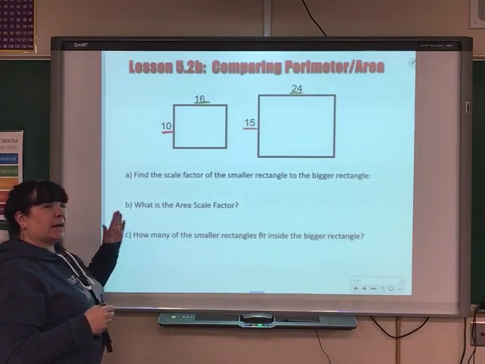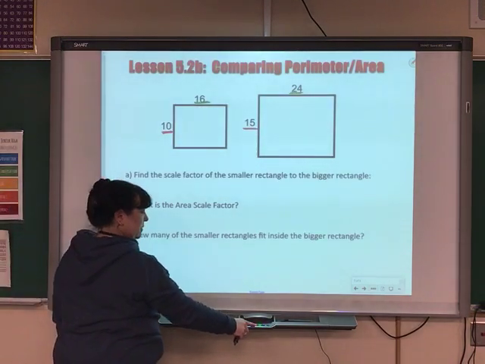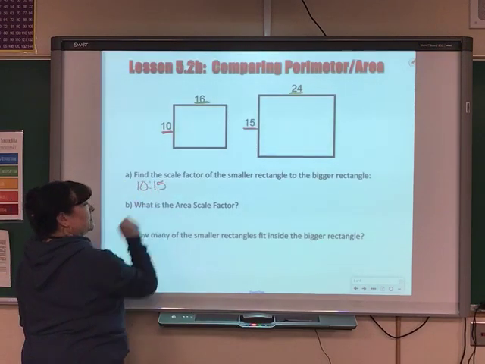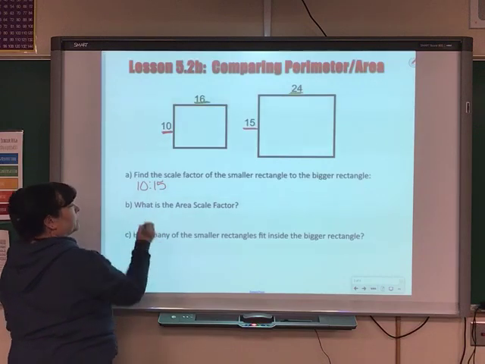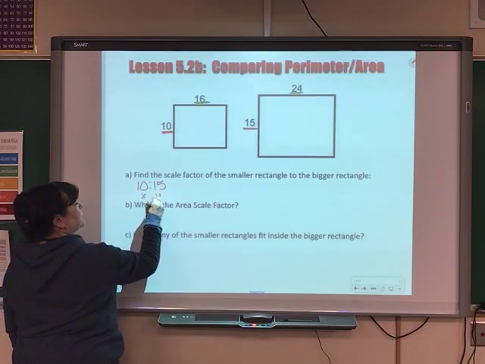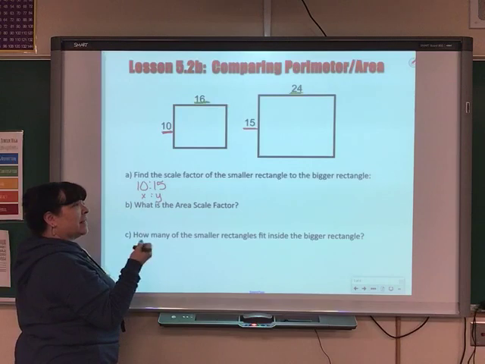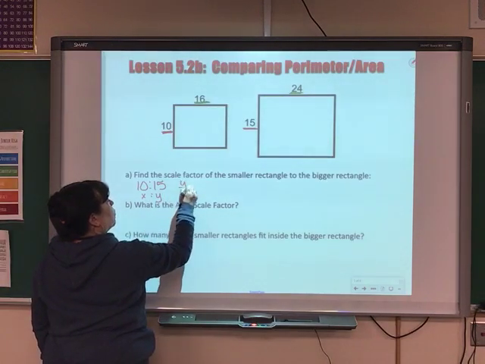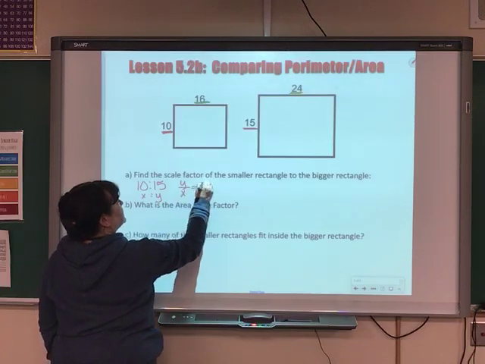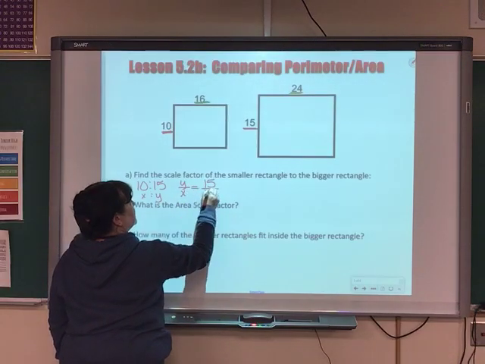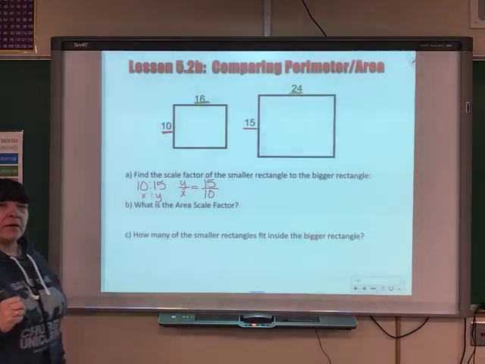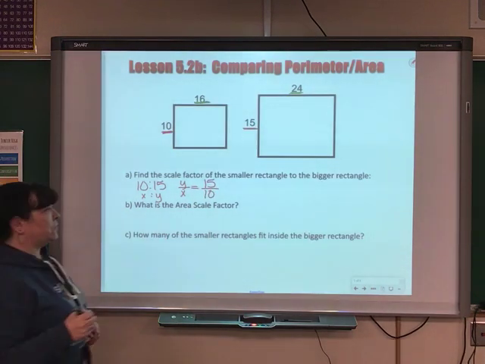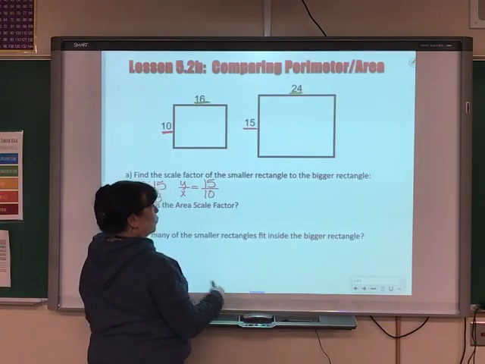When we start with 10 and it goes to 15, remember back, this was X, this was Y, and when we write that as a ratio, we will write it as Y over X, which means 15 to 10. Now 15 to 10 is an improper fraction. We can simplify it in a couple of different ways.